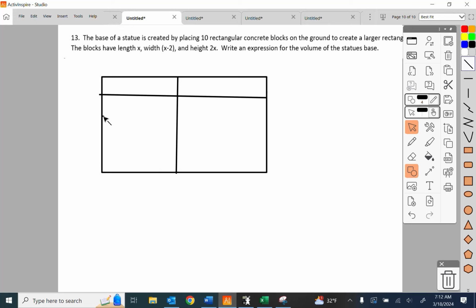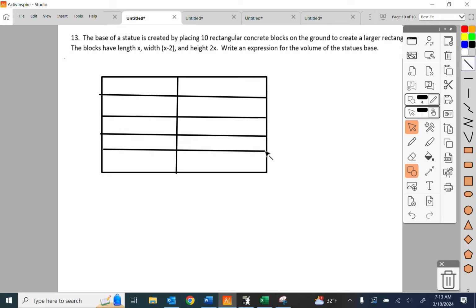You don't have to draw this. This is just for those of you who can't read. Anyways, there's 10 of them. They're not perfect here. But each cinder block has dimensions given.